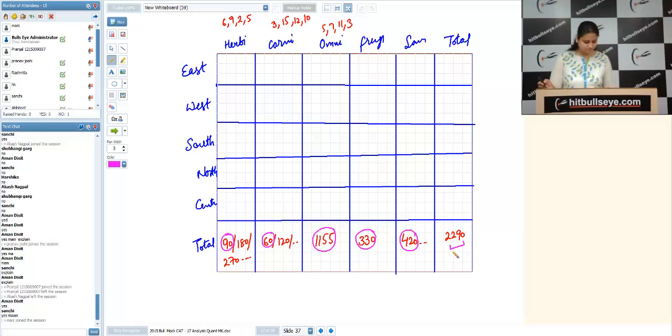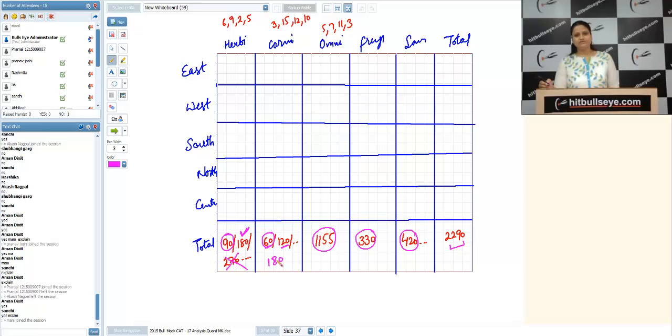So the only possibilities are, we can consider 180, we cannot consider 270, because by taking 270 it will be more than 2290. We can consider 60, 120, we can consider 180 as well, but we cannot consider 240 because in that case we will be beyond range.